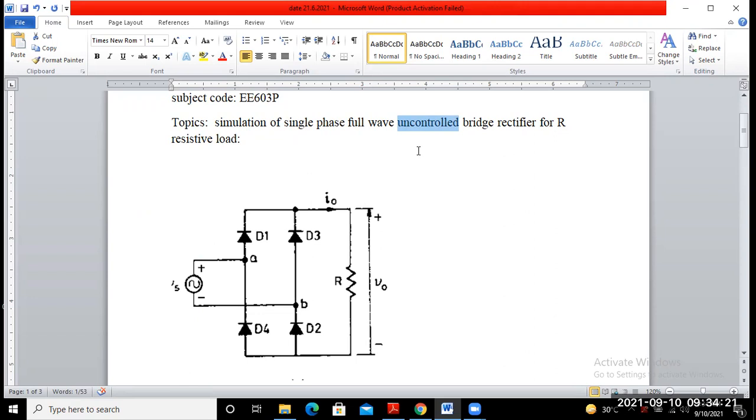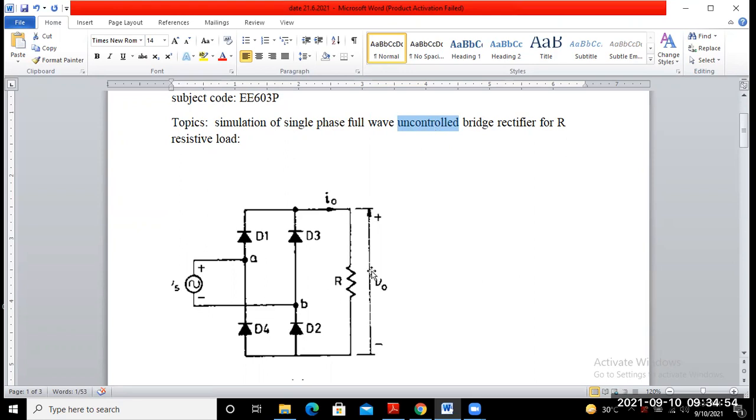Whenever the diode becomes forward biased, it behaves like a closed switch and current flows through it until it becomes reverse biased. The diode continues to conduct, so we are not able to control the output voltage. That's why it is called an uncontrolled bridge type rectifier.